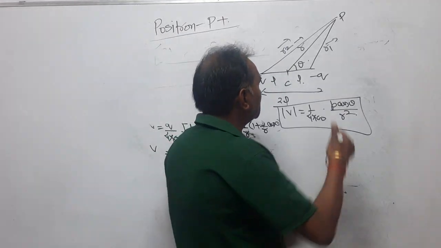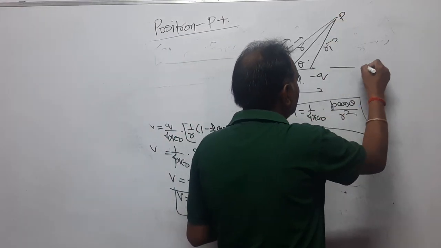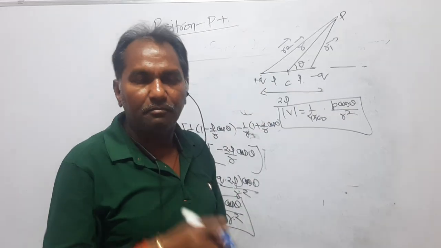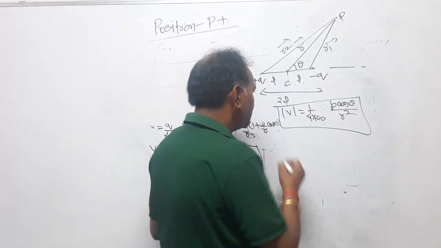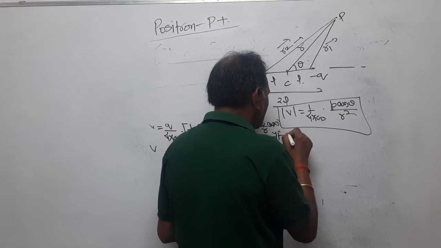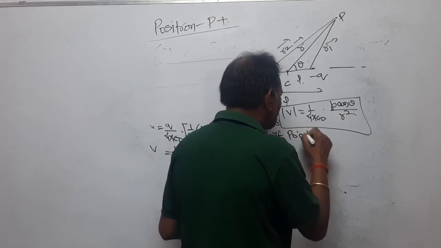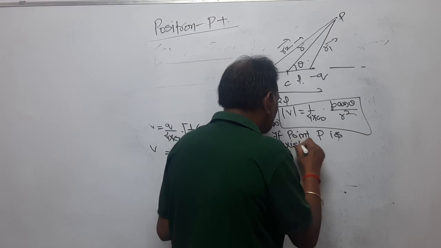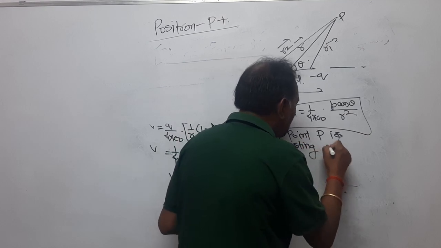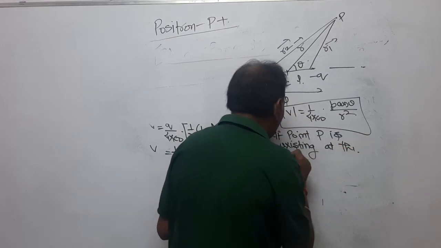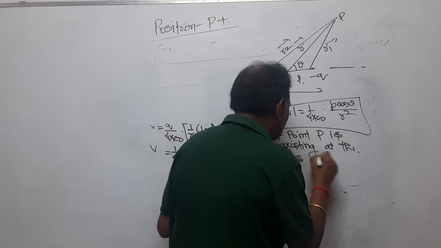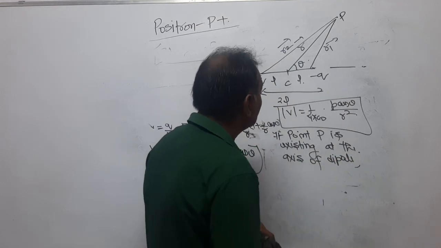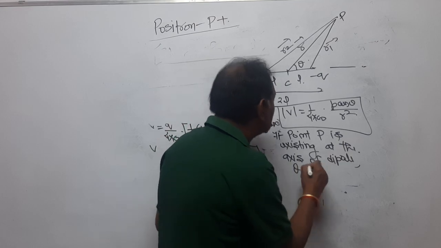Look here. If point P is existing on the axis of dipole, the point is axial, then theta is equal to 0.